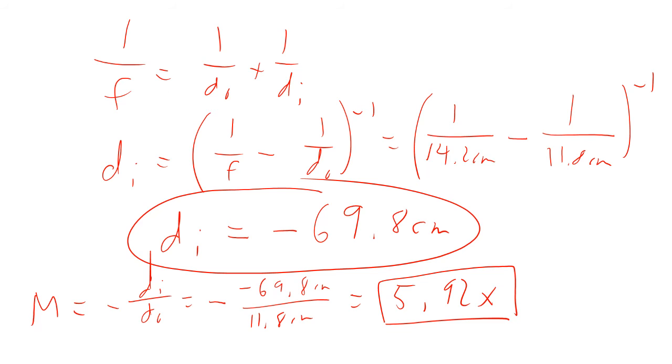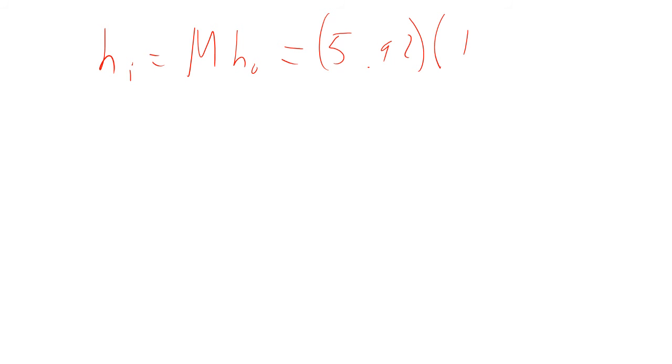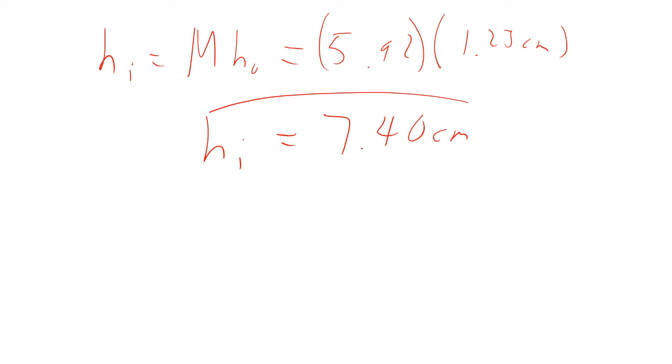It means it's almost 6 times bigger than originally. So the height of the image is the magnification times HO. So HI is going to be 5.92 times 1.25 centimeters. That's going to be 7.4 centimeters.